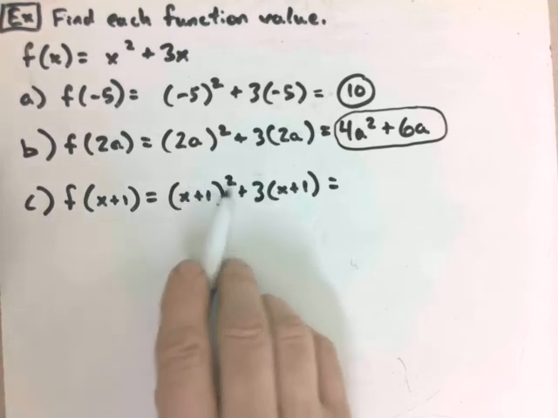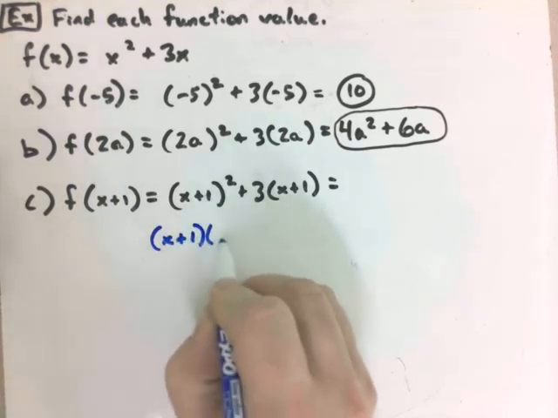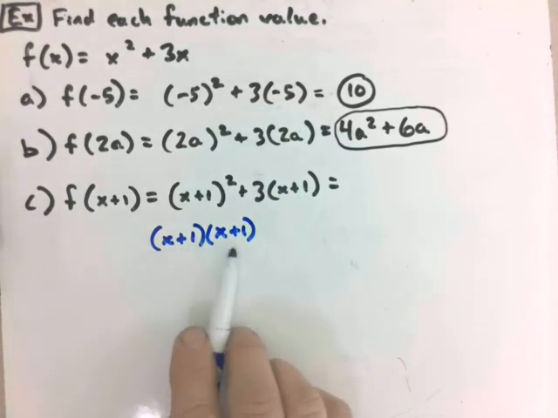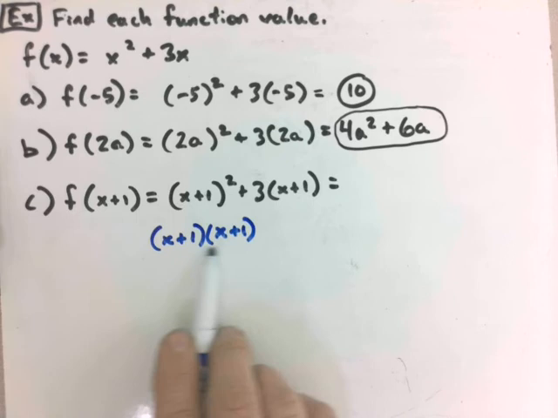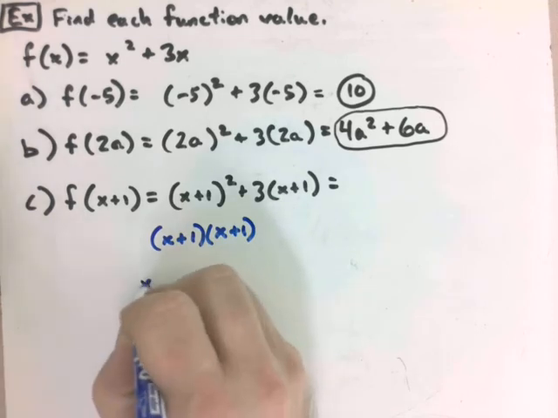I have an x plus 1 squared here, which is an x plus 1 times another x plus 1. This is a binomial times a binomial. So for me to evaluate this, for me to calculate this, I do need to FOIL this out. So x times x gives me x squared.